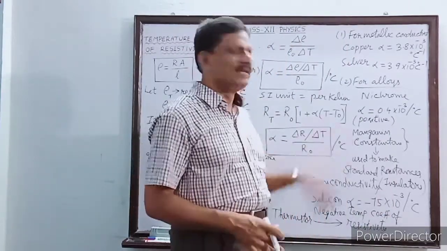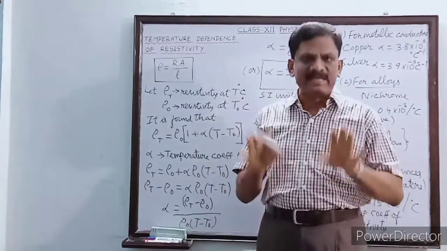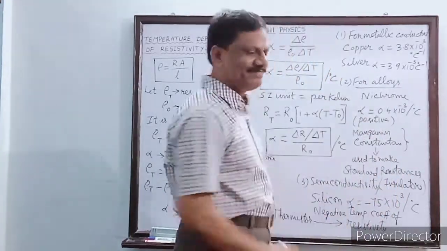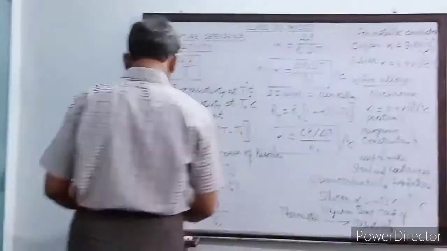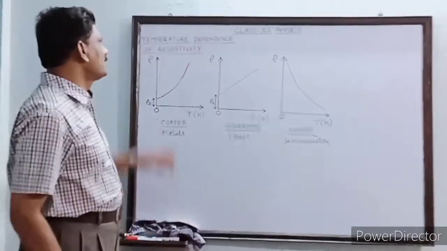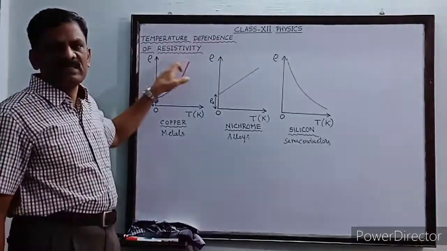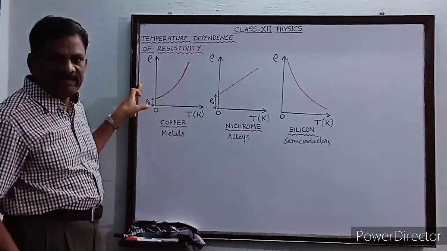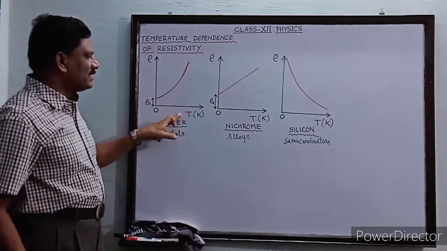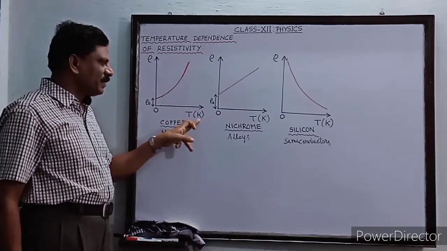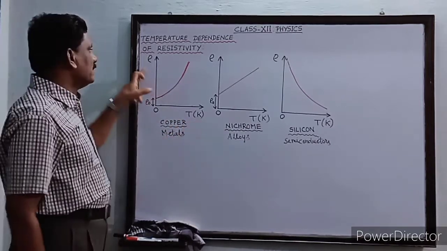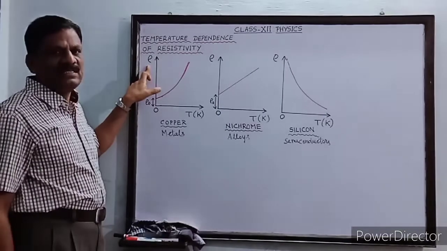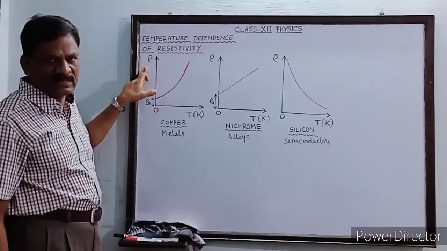Okay students, now the same we are going to represent in the form of a graph. Be ready for that. Now let us discuss the temperature dependence of resistivity in terms of graphs. Look at the first graph. The temperature is taken along the x-axis in Kelvin. The resistivity of the material is taken along the y-axis.